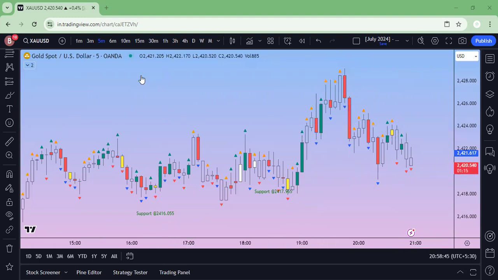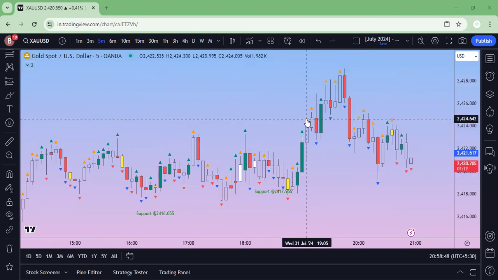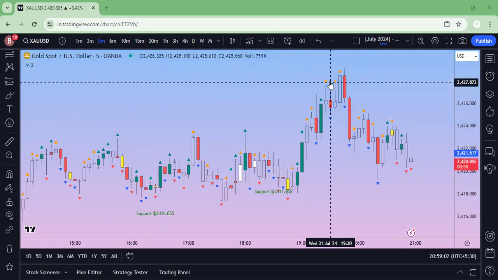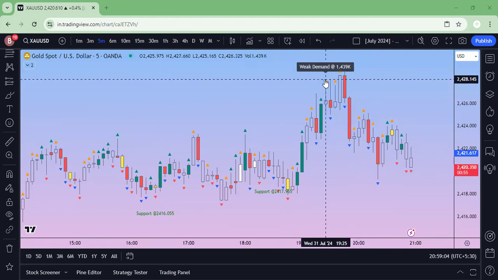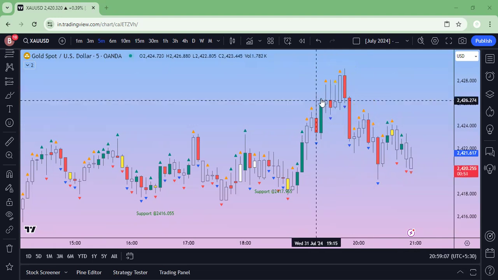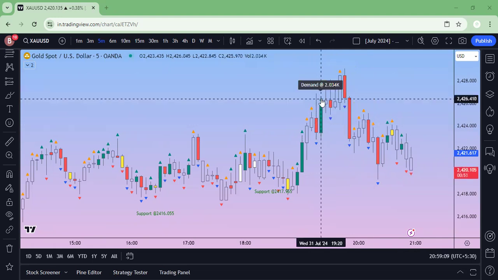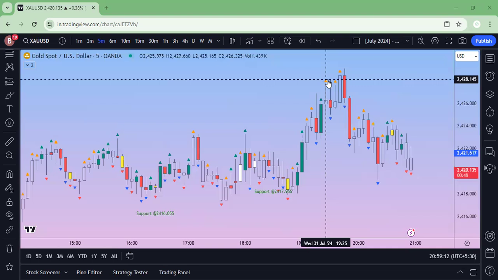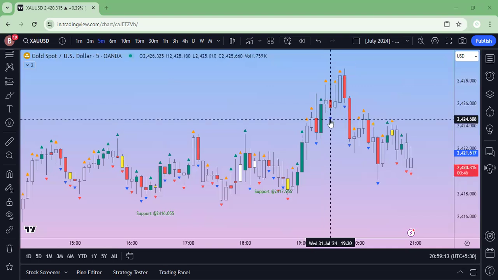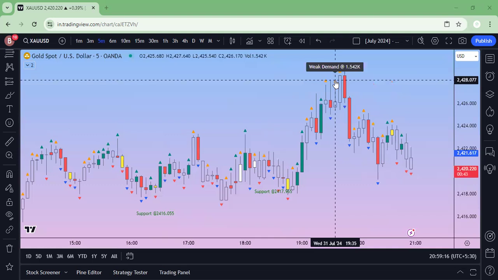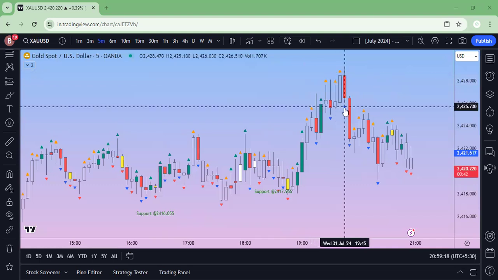Now here is a hollow candle. Hollow candle means when you hover your mouse over this triangle, you would see weak demand. That means there is demand, but it is weak. You're getting the point? As we are approaching upwards, weak demand, and all of a sudden we have a demand, then weak demand, then we have supply, weak followed by weak demand, and a heavy supply.